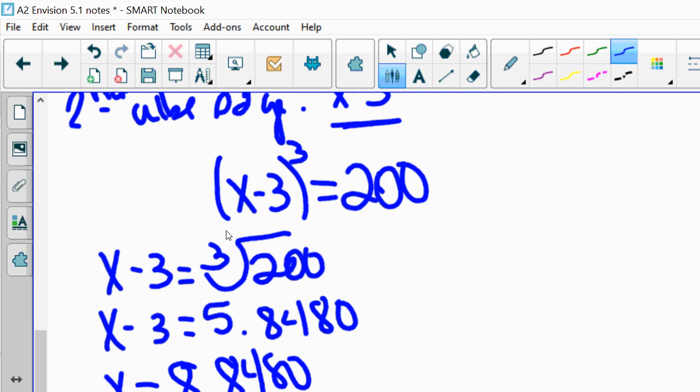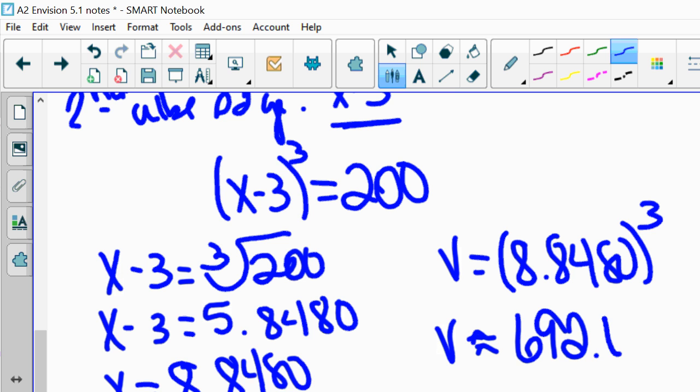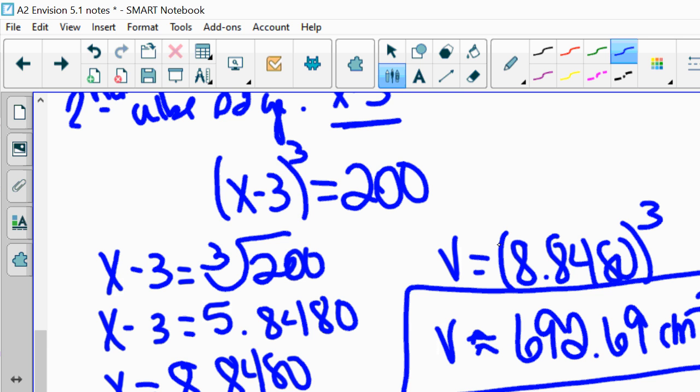So now I want the volume of the larger cube. So the volume of that is going to be 8.8480 cubed. Plug that into our calculator, and we get that the volume is approximately 692.69 cubic centimeters.